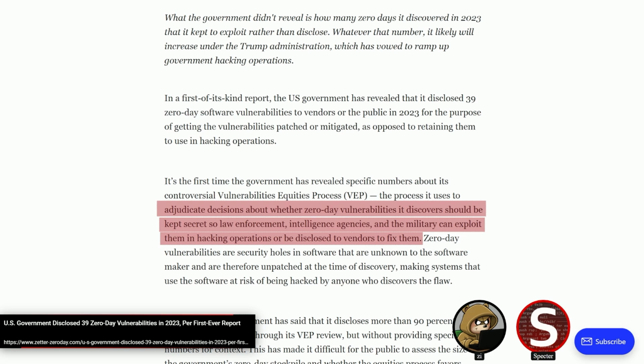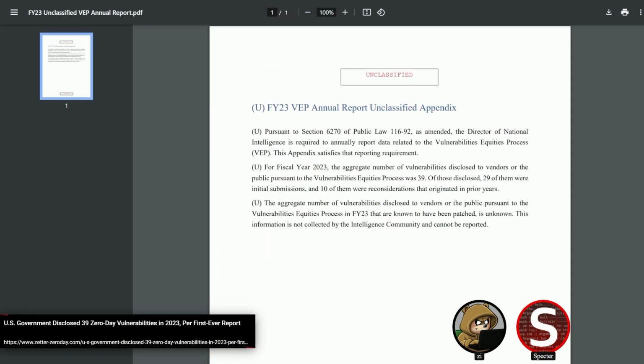But there have been no actual numbers given on how many bugs have gone through that process until now. So we still don't know the total that went through or the number that were kept secret. But it was stated that 39 vulns were disclosed, 10 of which had been through the process previously, which means they had been up for review before, and they do a yearly review.